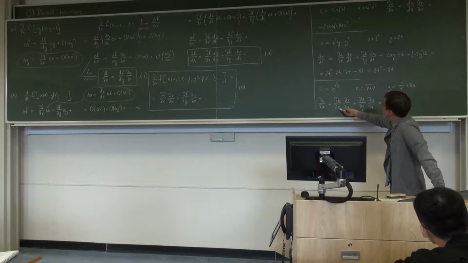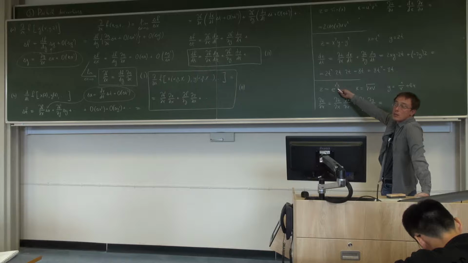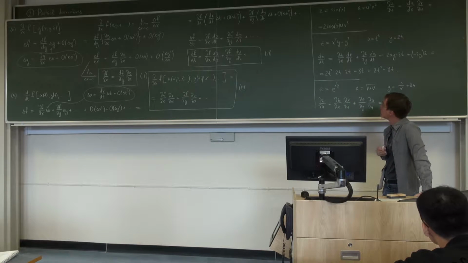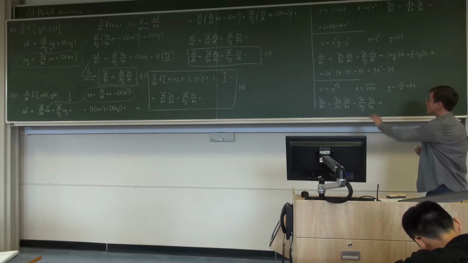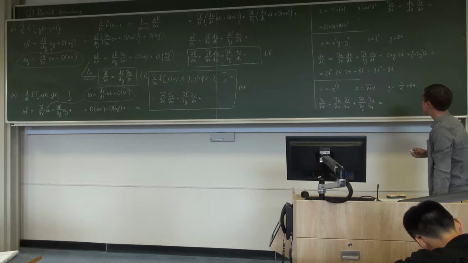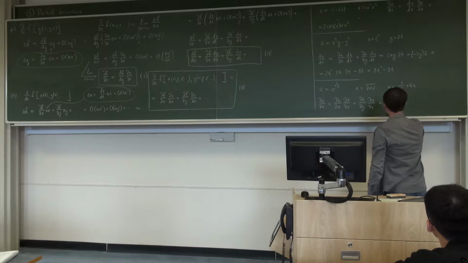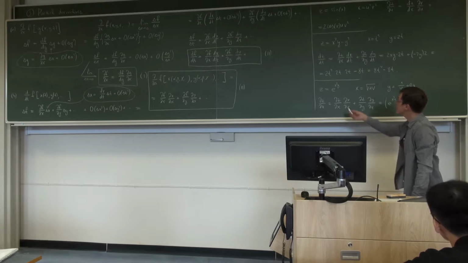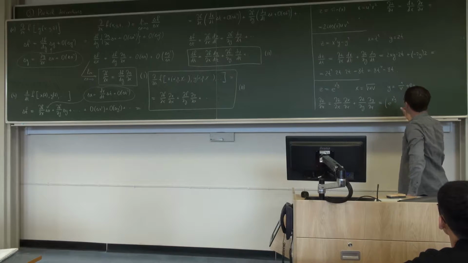So dz by dx in here will be a chain rule in its own right. You have the exponential and then you have the square. So the derivative of the outside function there is the exponential e to the x squared y times the derivative of the inside function with respect to x, 2xy.